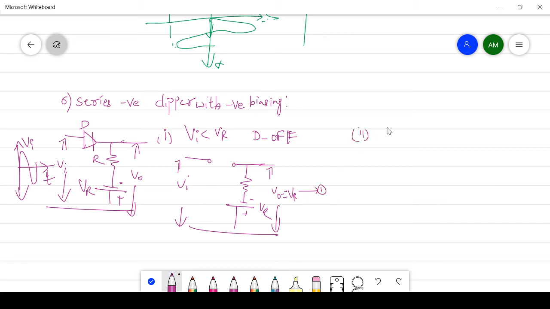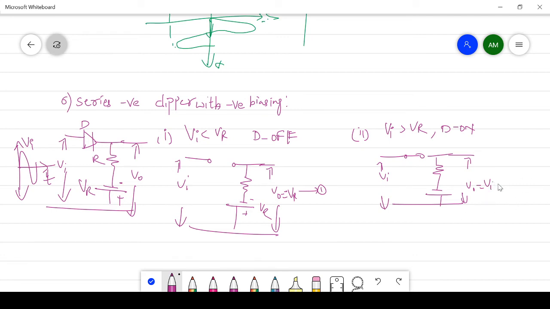Next, the second condition, when Vi is greater than the reference voltage, high voltage is applied to the anode of the diode, then the diode is conducting. Diode conducting is nothing but diode on, so it is a short circuit. Whatever we have applied to the circuit, we get at the output side.